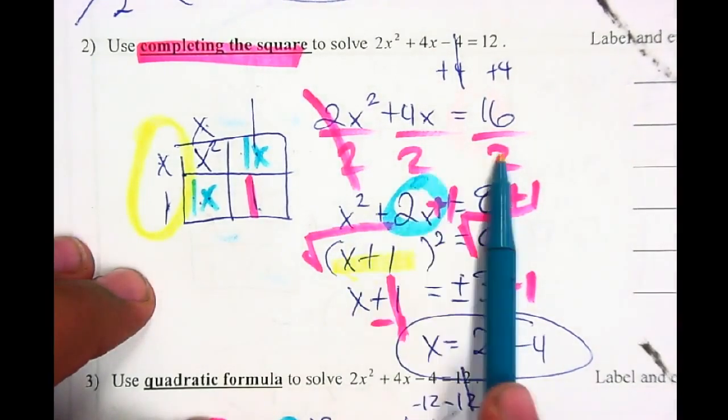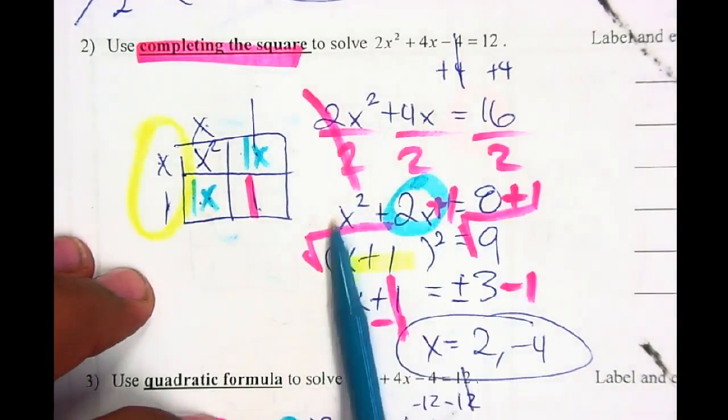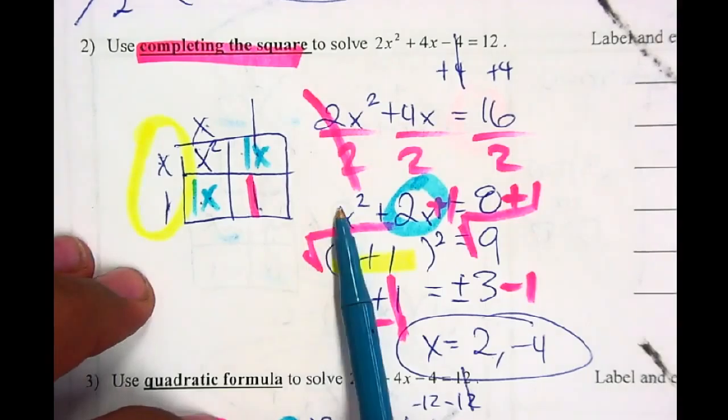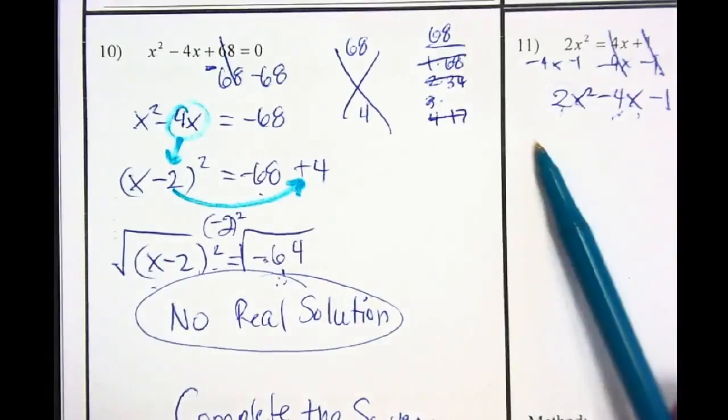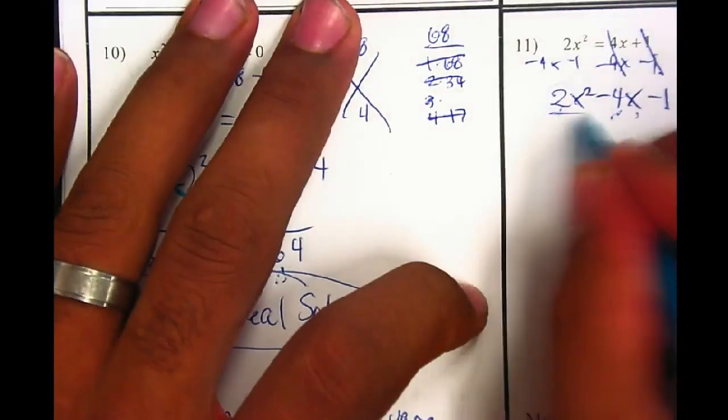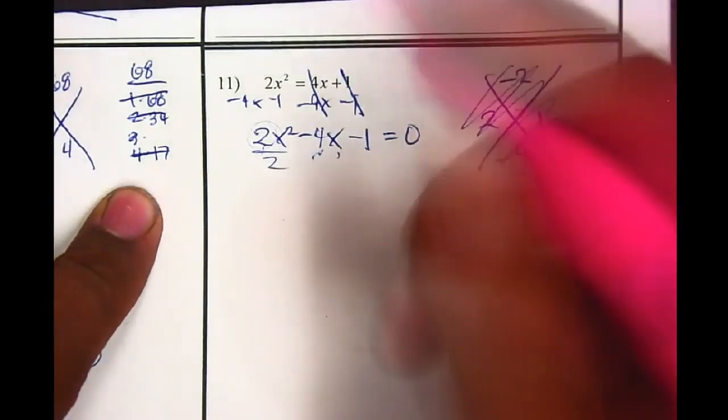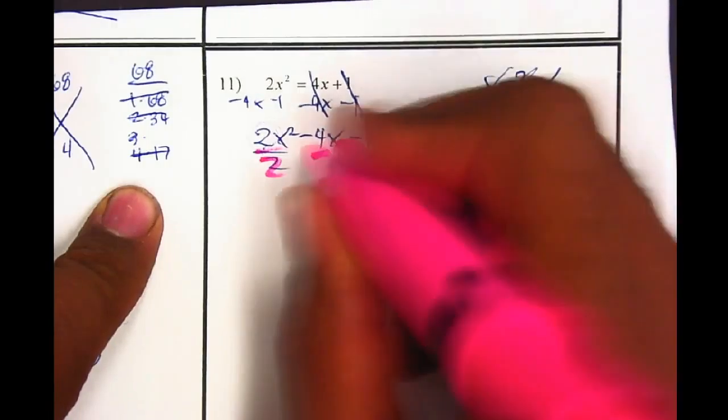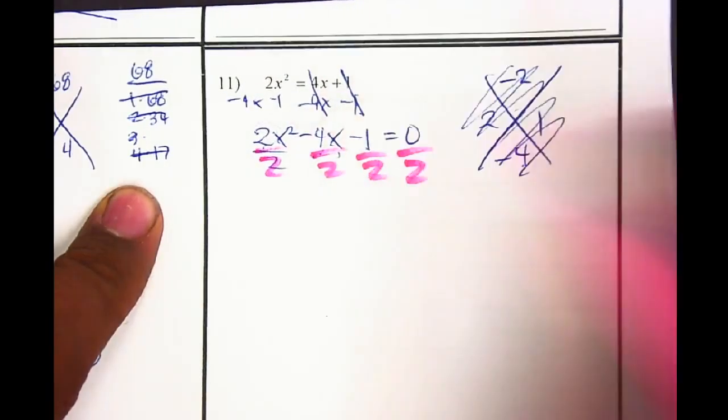And I did that not only to make it easier, but also because I have to have 1 in front. Okay? And if I did that, let's say I divided by 2, I divide by 2 here, divide by 2 here, divide by 2 here.